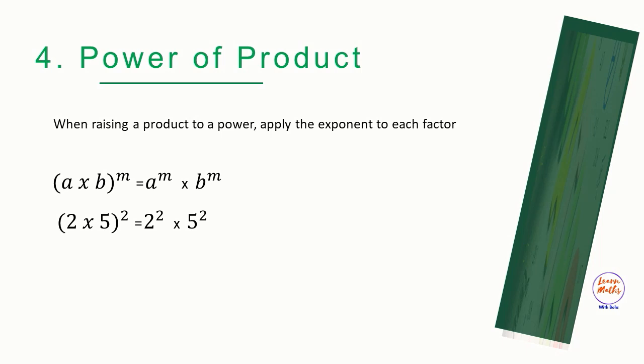I know for some students you are wondering what is the use of this power of products law. In your mind you are feeling like, why not say 2 times 5 equal to 10, then 10 raised to power 2 is straightforward. This law is here because sometimes you may not be dealing with natural numbers.